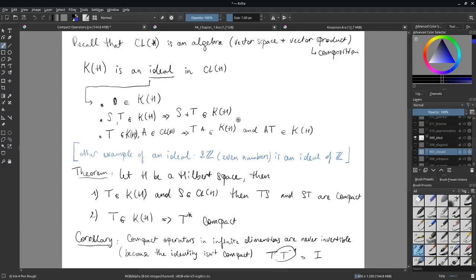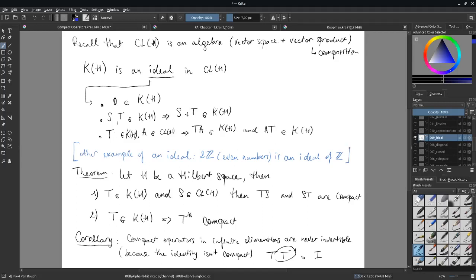And we have the additional property that if T is a compact operator and A is just a bounded operator, then the product TA, a compact operator times a bounded operator, is also compact, and AT is also compact. So you can think of this as absorbing the other elements.